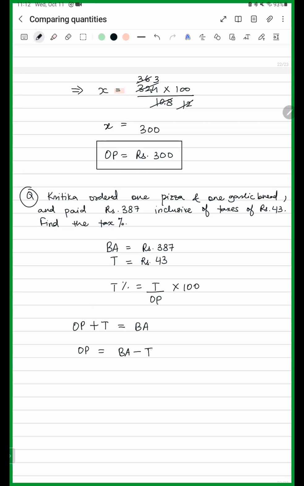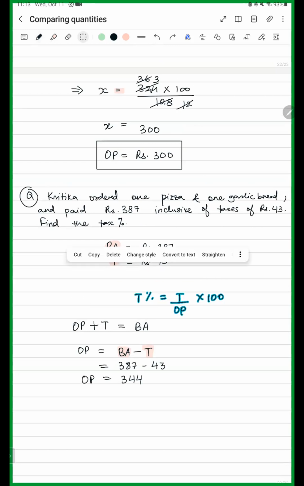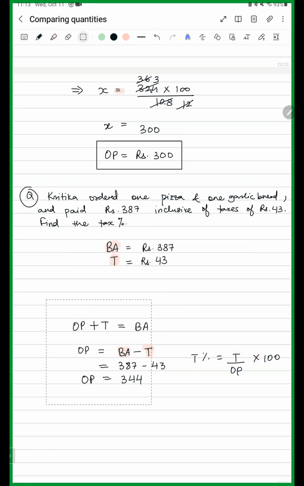Because here we know the bill amount also and we know the tax also. That is why we are using this formula. Bill amount is how much? 387 minus 43. So your original price, you have gotten it. It should be 344.